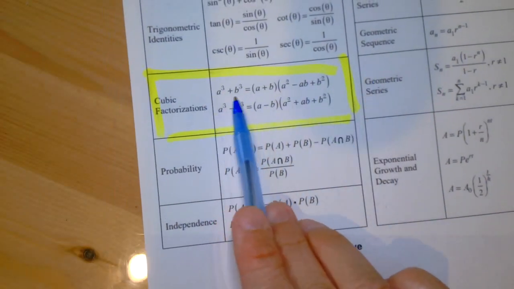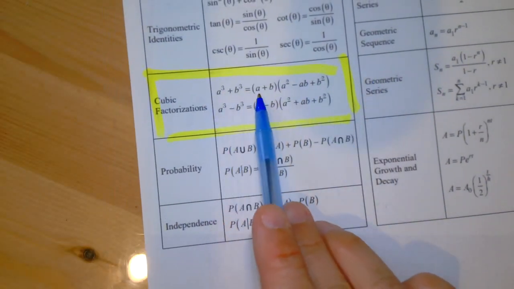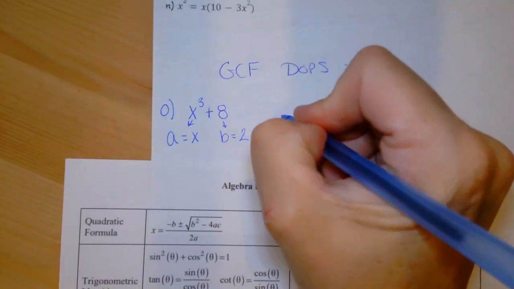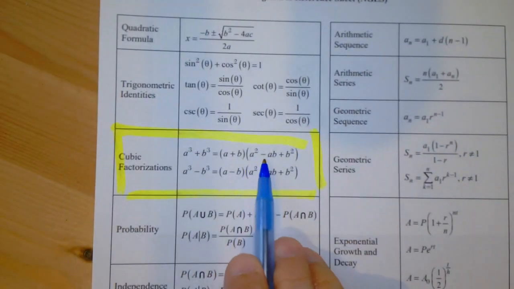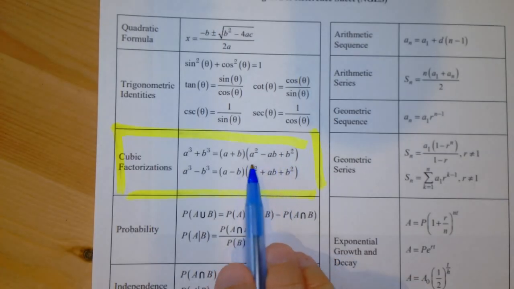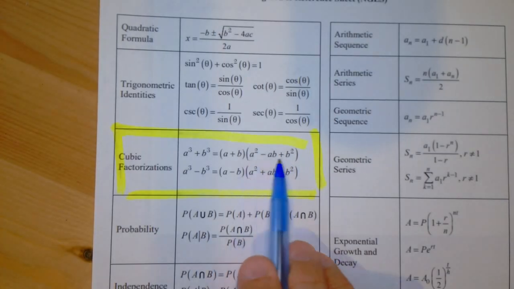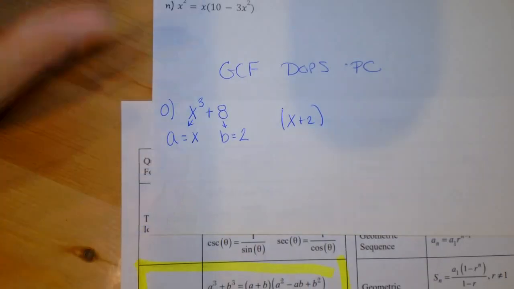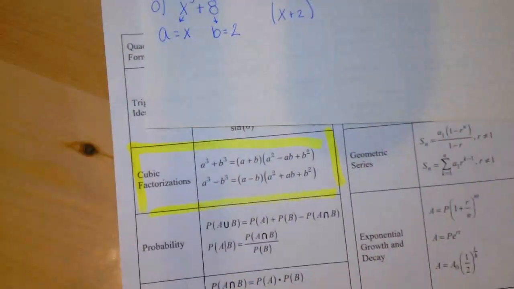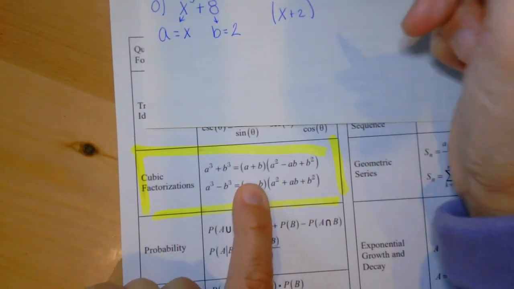So I'm going to go to the addition version. So it's a plus b. So in this case, it's going to be x plus 2. It's x squared minus a squared, which is my x. I'm just going to put that under there so you can see it at the same time, hopefully. Okay, so that's my x plus 2.